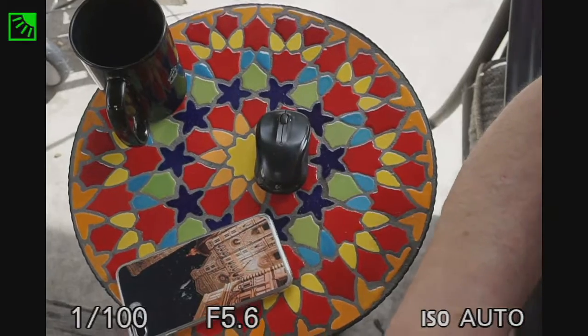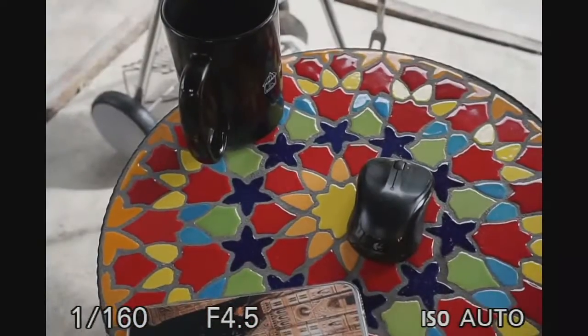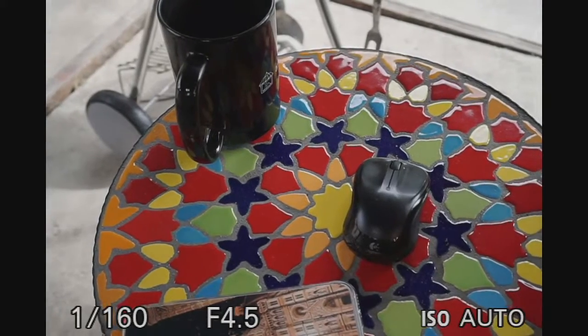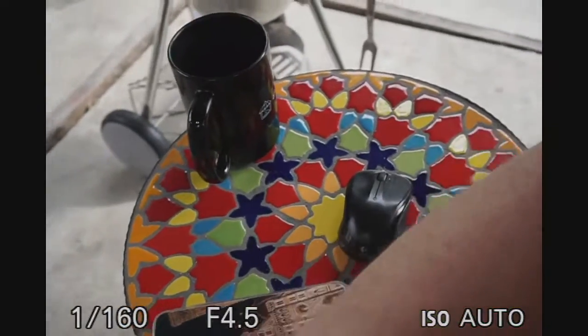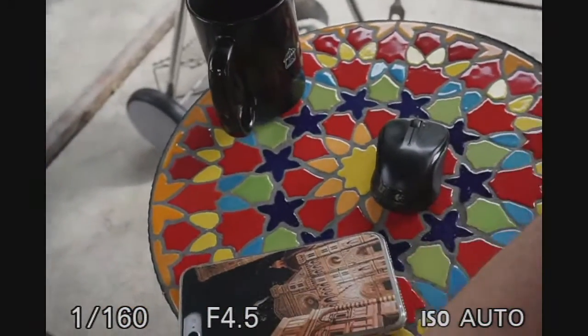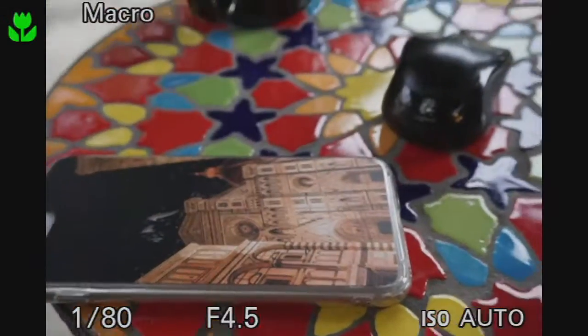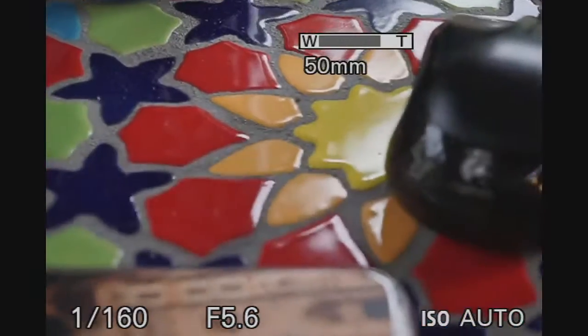Let's look at the same thing, but rather than a down shot, we'll do the same exercise with a sideways shot. Again, bear with me while I change my setup just a little bit. All the way out.